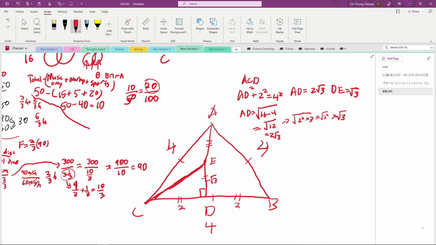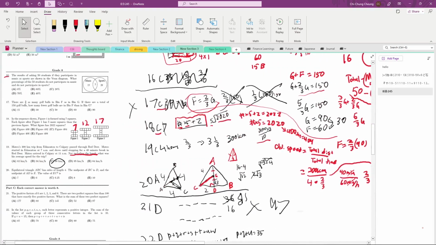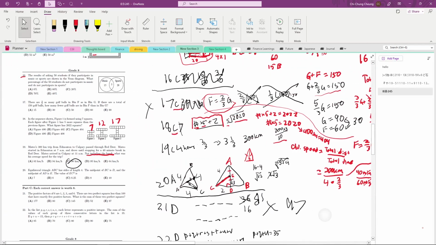And now what's EC? You use the Pythagorean theorem again. We only cared about EC squared, so it's 2 squared plus root 3 squared, which equals 4 plus 3, which equals 7. Yep. And A? Yeah, A.